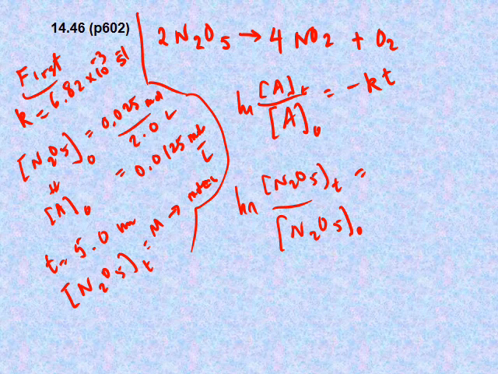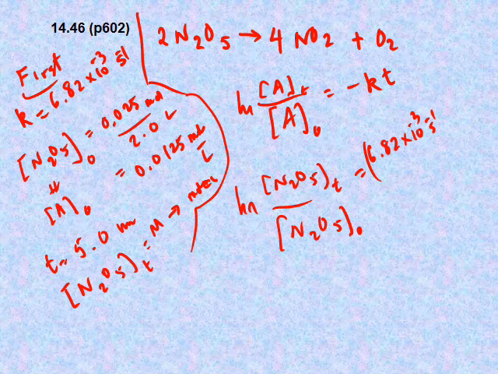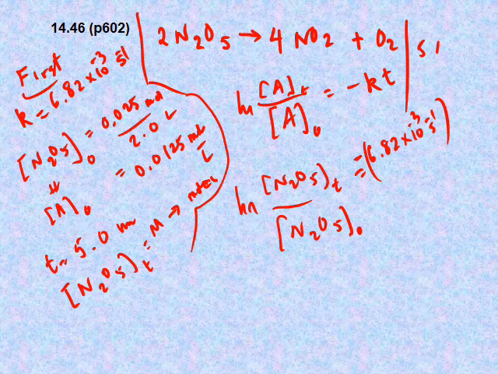Now we can use the numbers. k is 6.82 times 10 to the negative 3 per second. So that's k, and there's a negative sign here. And t is 5 minutes. Minutes are not compatible with seconds, so we have to change that to seconds. So 5 minutes times 60, that's 300 seconds.